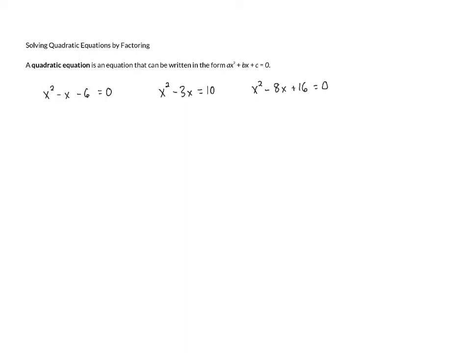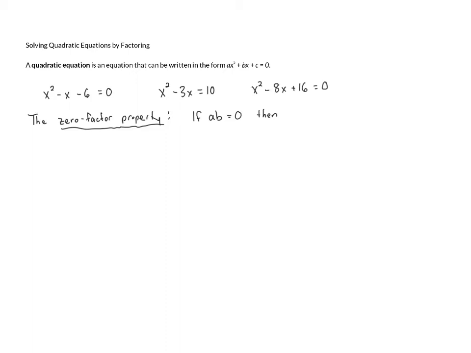Each of these is a quadratic equation, and we can solve these using something called the zero factor property. And this is something that you already know. You might not be aware of it, but let's talk about it. The zero factor property says the following: if a times b equals 0, then something must be true.